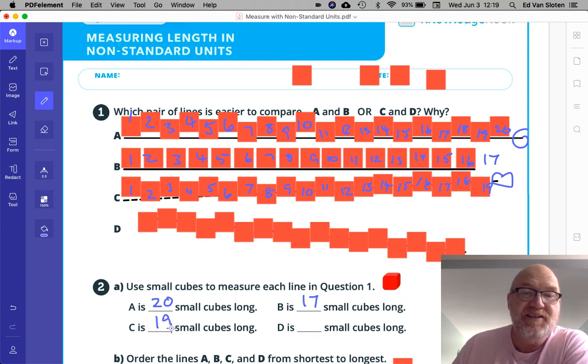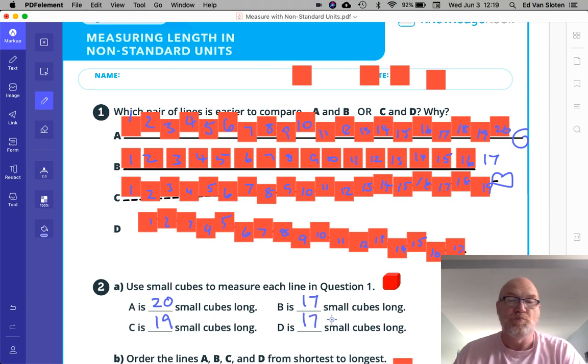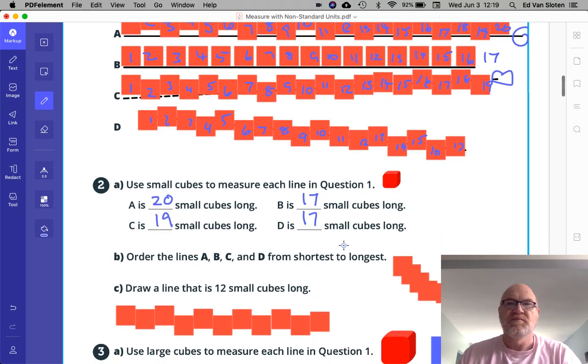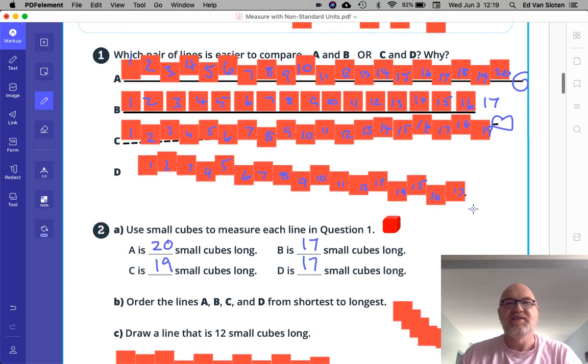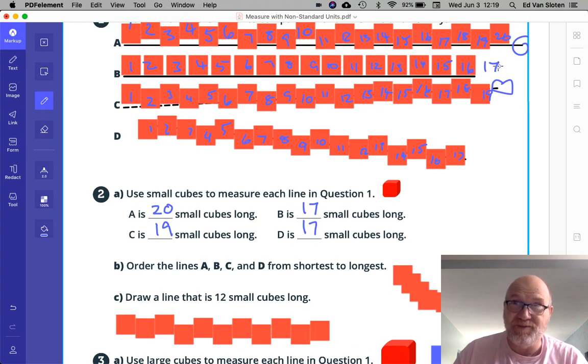So C is 19 cubes long. D, I got 17. See now, I really should redo that line because I'm not certain.